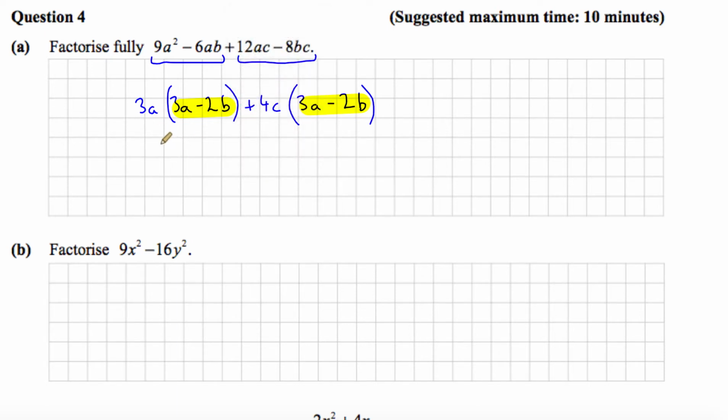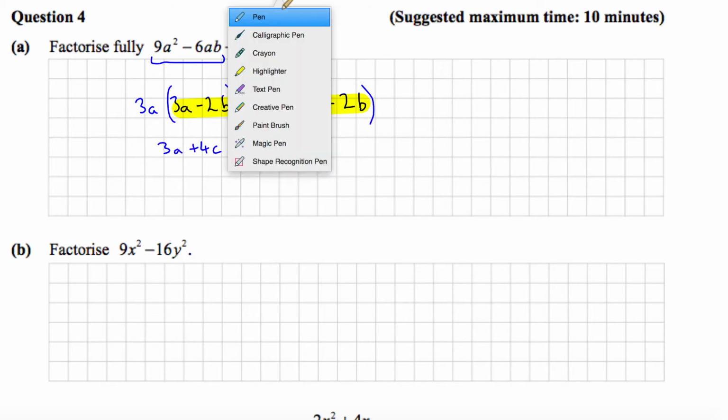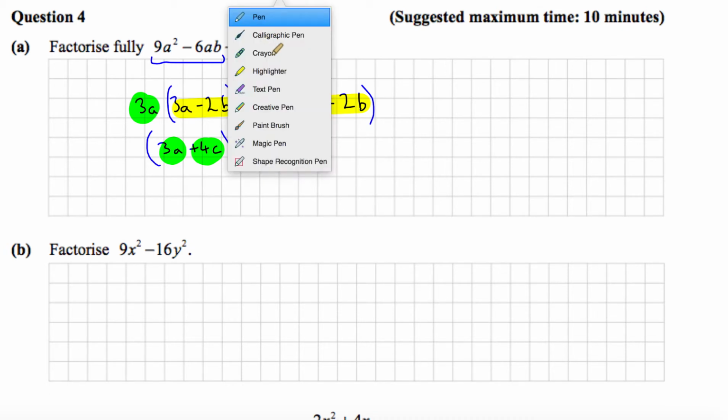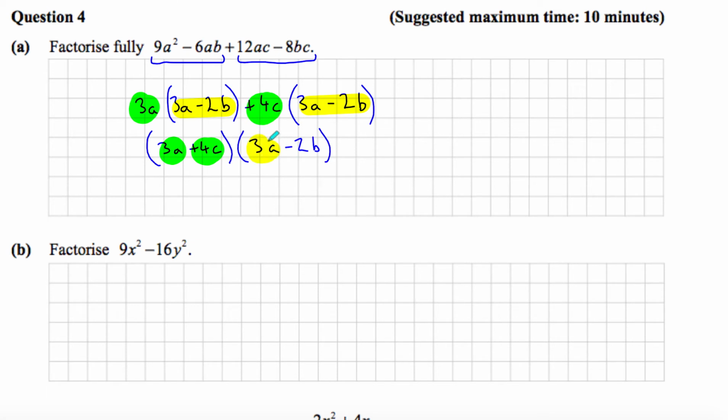Then you can say that the 3a and the 4c go together, and they multiply by the 3a minus 2b. I'm just highlighting this to help you with your understanding. So that's my final answer, 3a plus 4c bracket 3a minus 2b. So you factorised it into brackets.